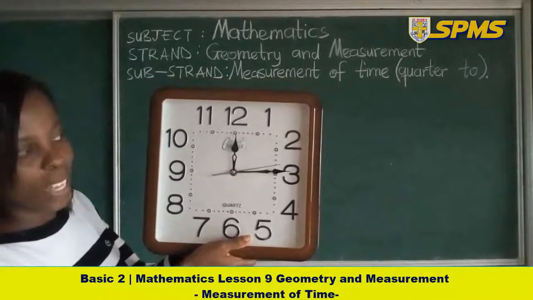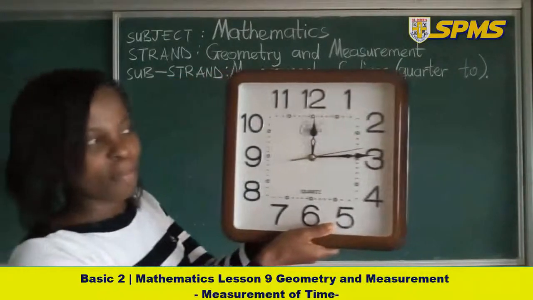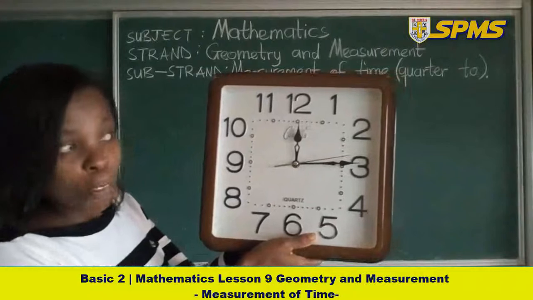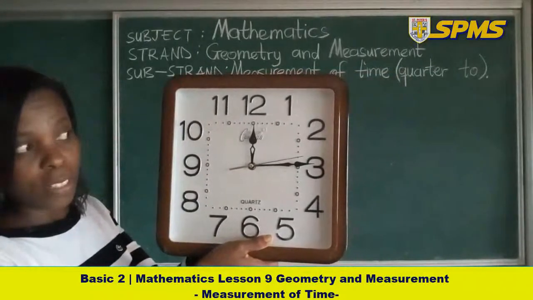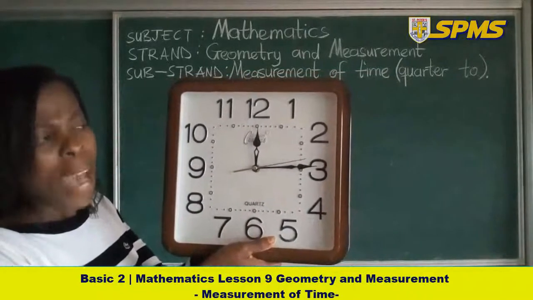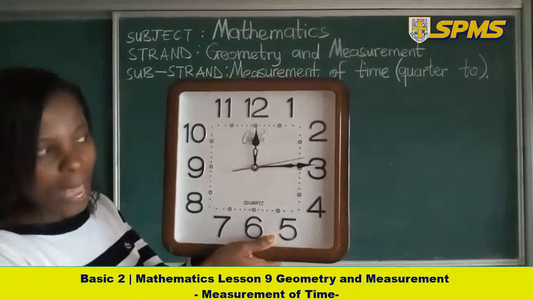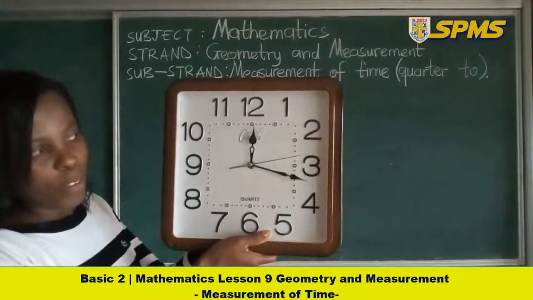What if the minute hand is on 3? 12:15. Or which other way can you tell the time? Quarter past. Okay. Our minute hand is still moving.